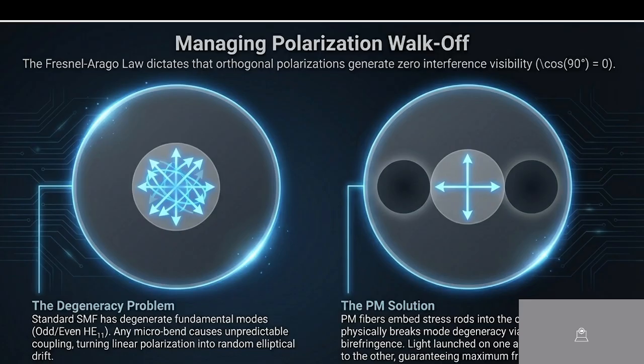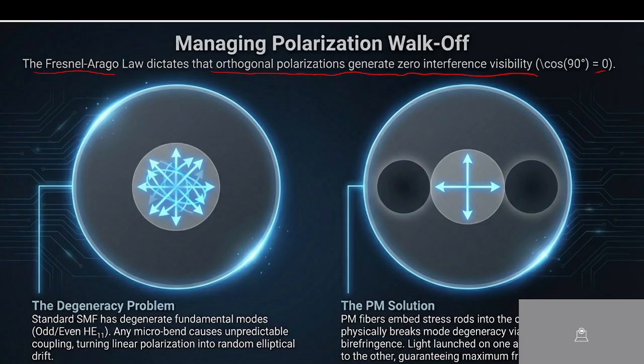Now the next thing, managing polarization walk off. We already discussed the polarization and phase in the previous lectures, where we discussed the Fresnel-Arago law, which dictates that orthogonal polarization generates zero interference visibility, cos 90 equals 0.